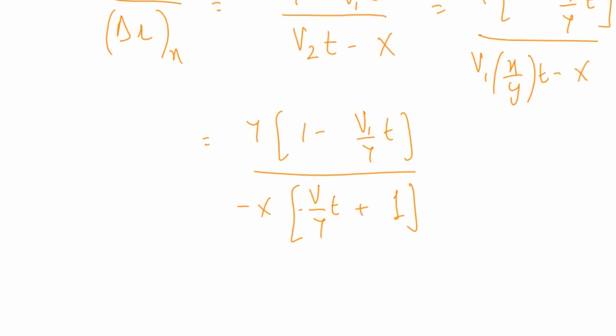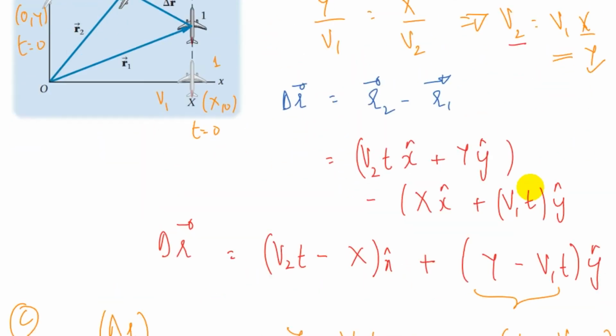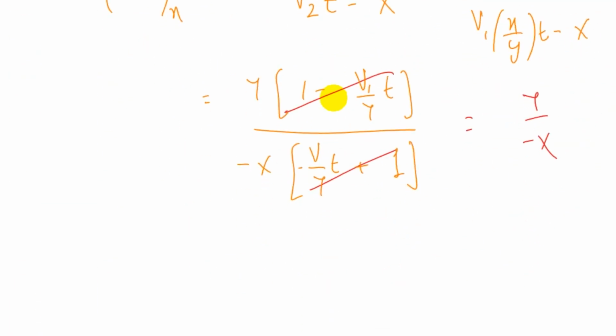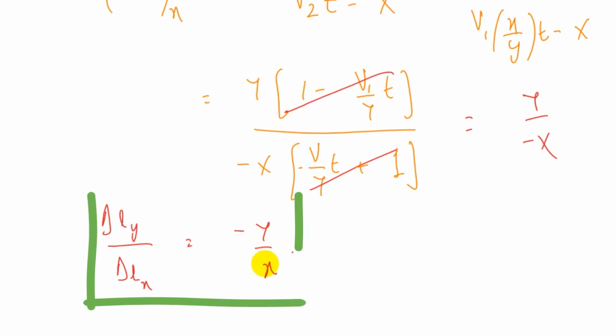Further, the numerator and denominator factors are the same, so they cancel out and we get y over minus x, which was the result we needed to prove. Thus we can write that delta r y over delta r x equals minus y over x. This is the required answer for the C part.